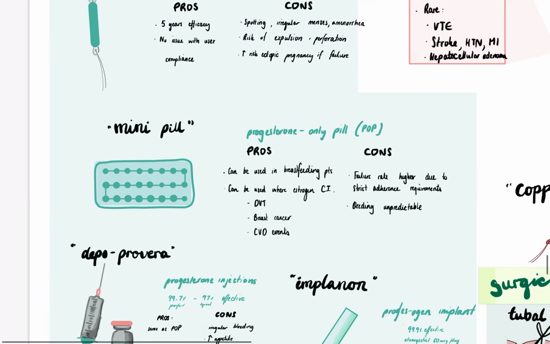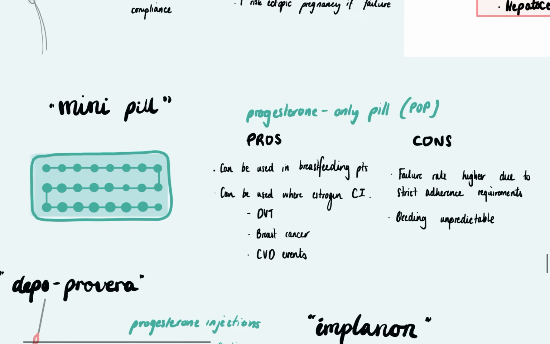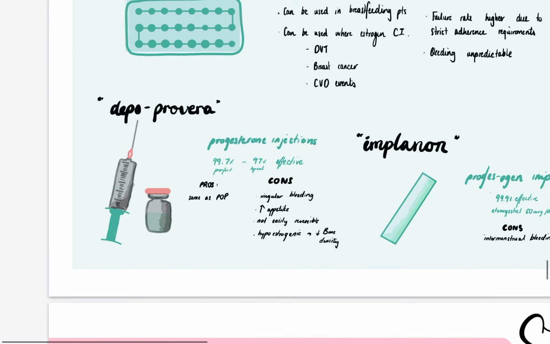So with the mini pill, you get a higher failure rate due to strict adherence requirements, and because you don't have that set bleeding time with sugar pills, your bleeding can be more unpredictable.